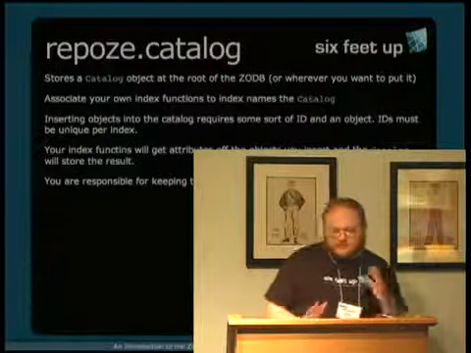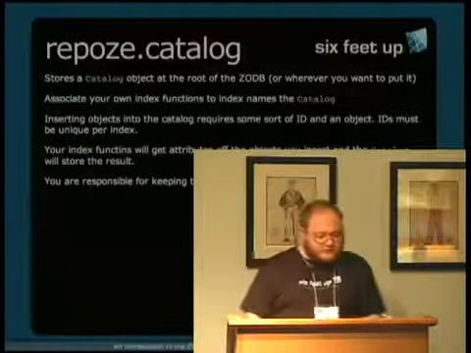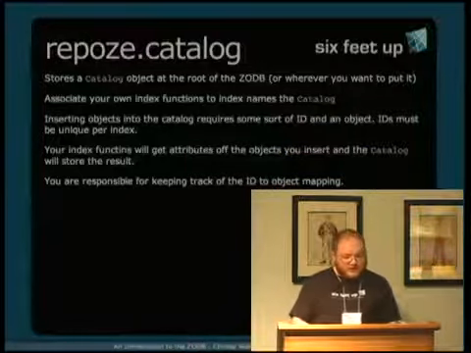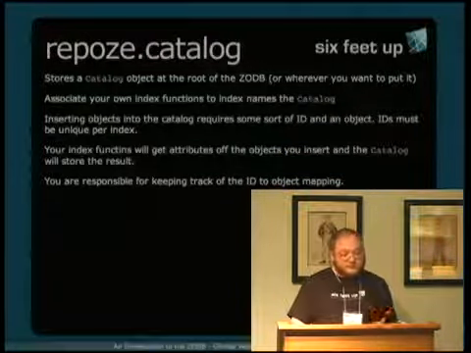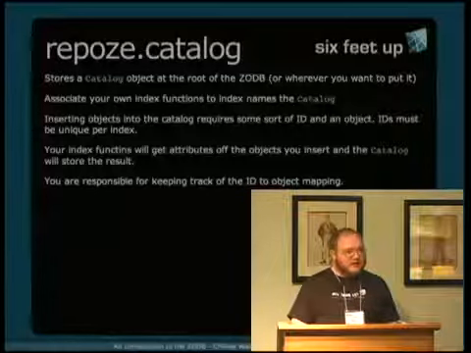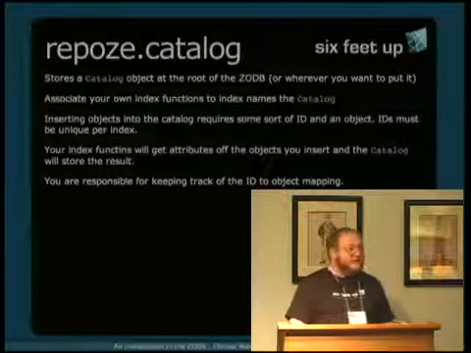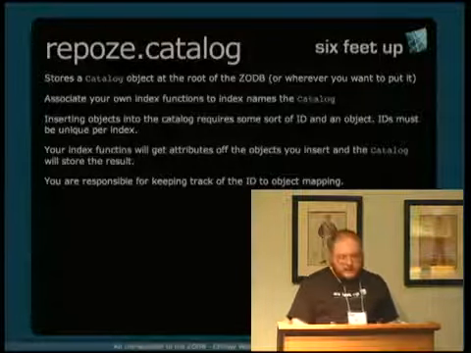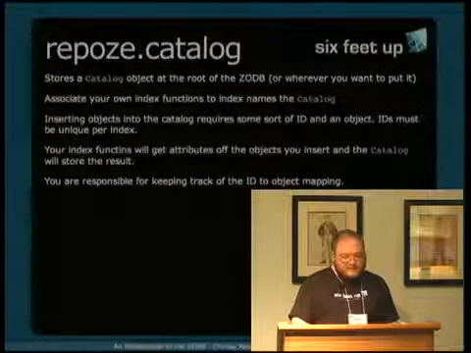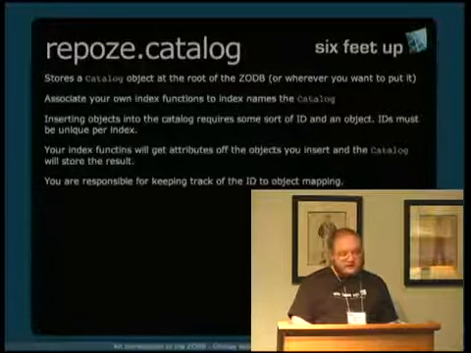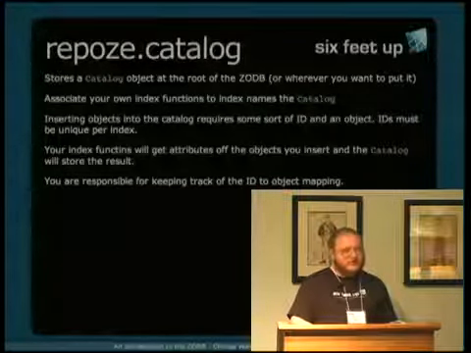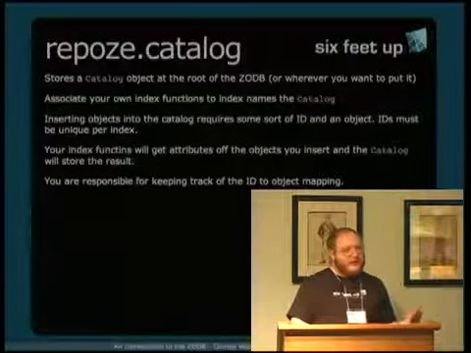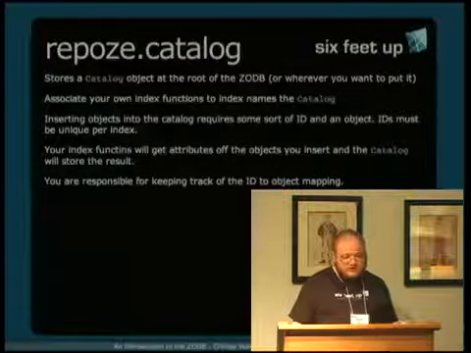So just an overview of the repoze.catalog library. Essentially, it is creating a persistent object of the catalog class, and usually it will store it at the root of the ZODB, so it's easy to get to, but you can stick it wherever you want. And then what you'll have to do is associate your own index functions, which you're basically just assigning the functions to a key, just like a dictionary key, to the catalog.